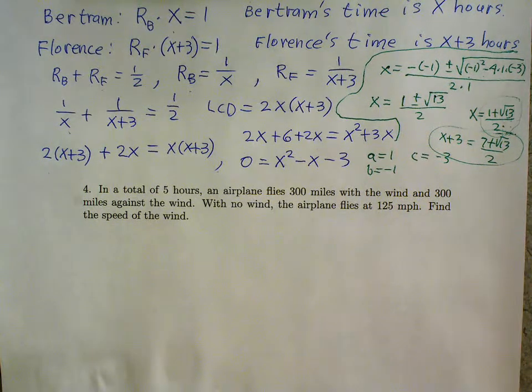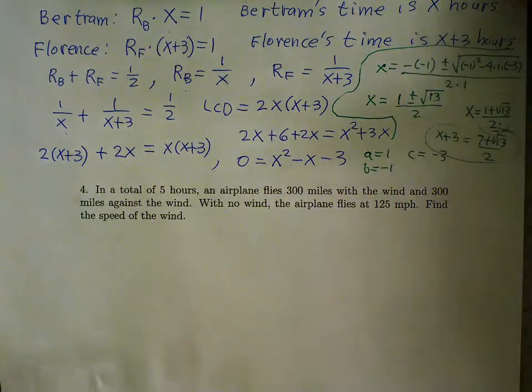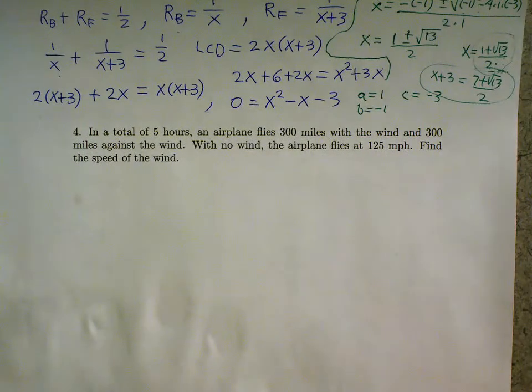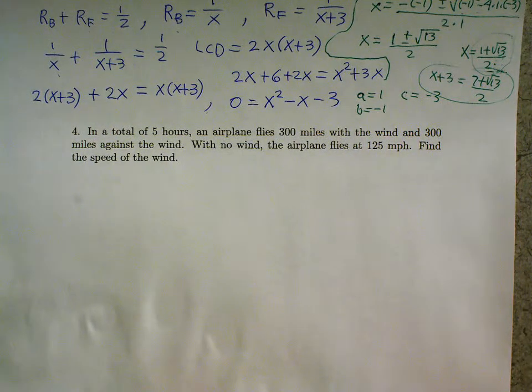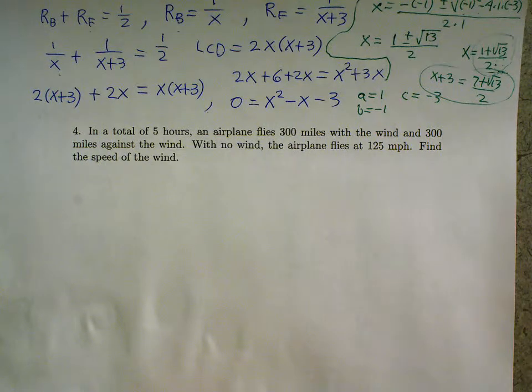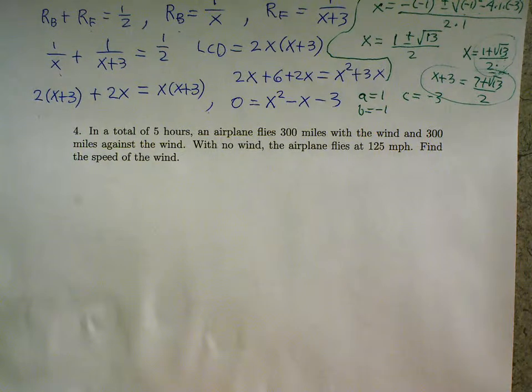In a total of 5 hours, an airplane flies 300 miles with the wind and 300 miles against the wind. With no wind, the airplane flies at 125 miles per hour.